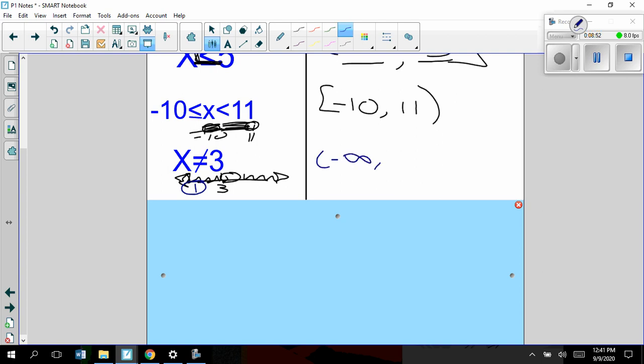Then as I travel up my number line, I hit 3. I don't want to use 3, so 3 is the max of that shaded part, and I have to put a parenthesis on there because I don't want that one. Now, technically you are supposed to have a U here.